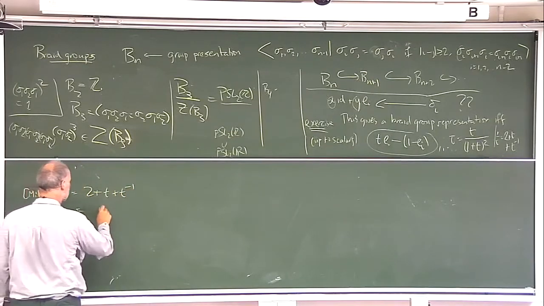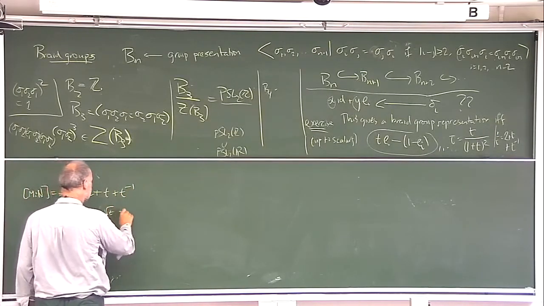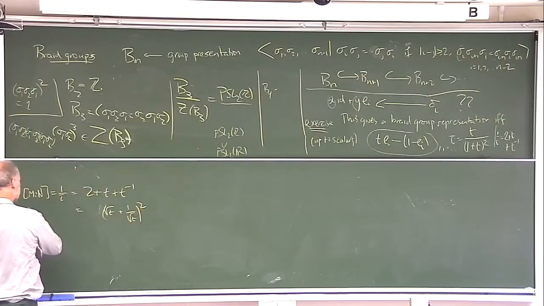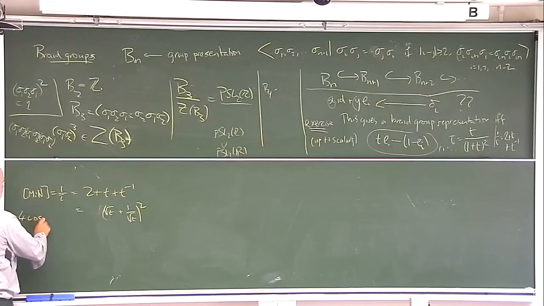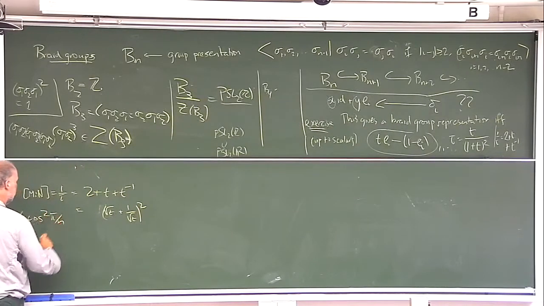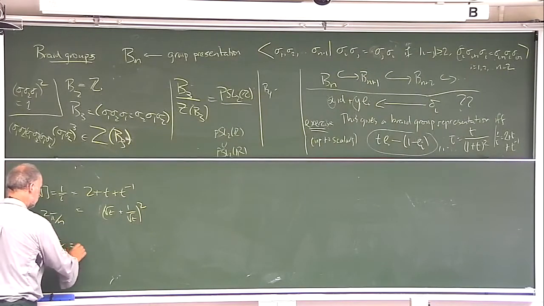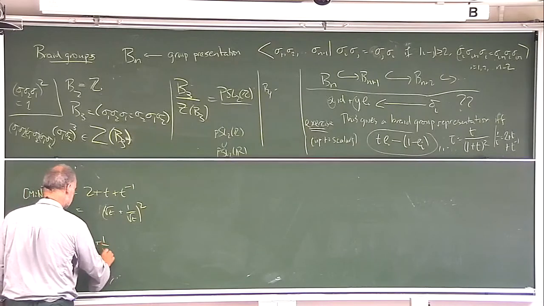And this is root t plus 1 over root t, squared. The interesting values of this were 4 cos squared pi over n. So lining these up, we get 2 cos pi over n equals root t plus 1 over root t.